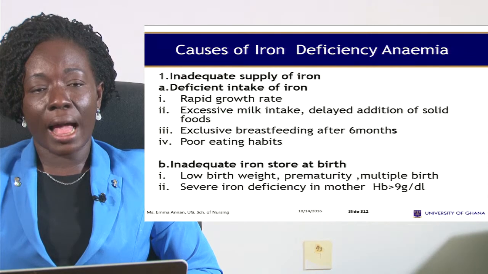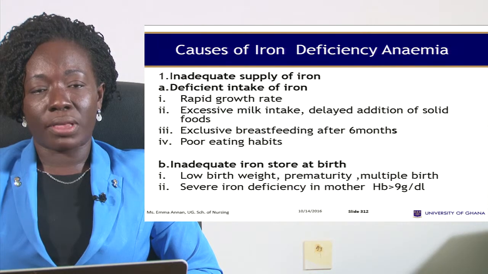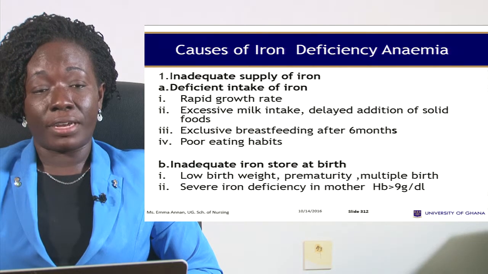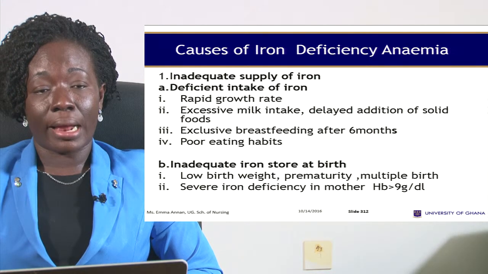For artificial milk, the baby is not able to take most of the iron, so the child ends up having iron deficiency anemia. Then poor eating habits can also lead to iron deficiency anemia.